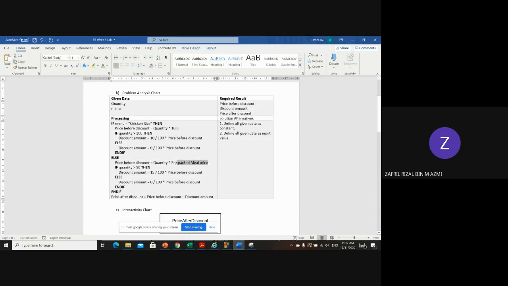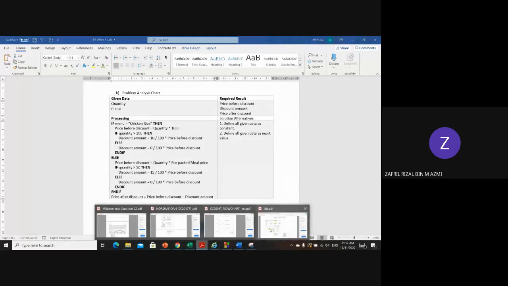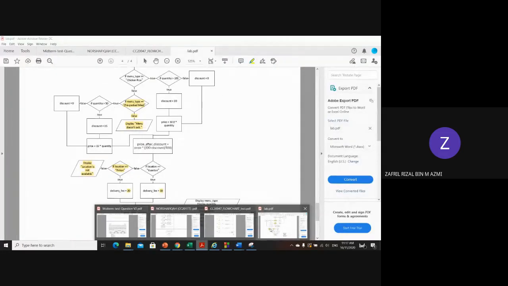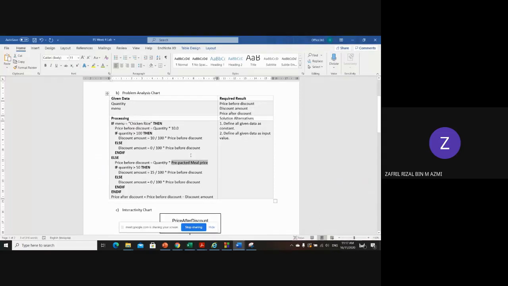Okay, this is berapa tadi? Harga? What's the price? Prepared meal, the price is 15. Okay, 15 ringgit. Okay. The price before discount.